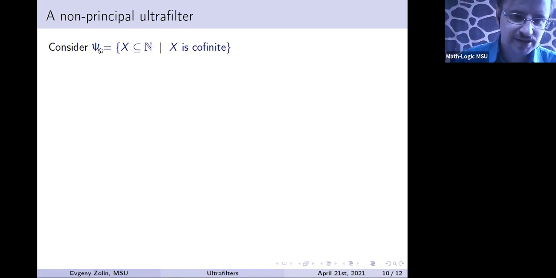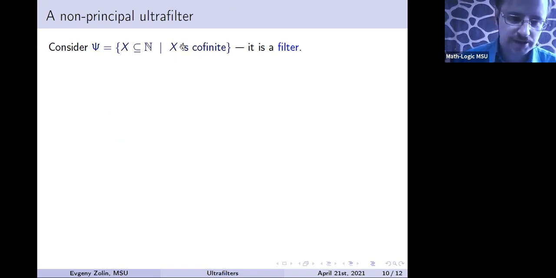So consider all cofinite subsets of natural numbers. Cofinite means that the complement of x, so n minus x, is finite. In the lecture about filters, we said that this is a filter. It doesn't have the empty set because its complement is n. It has the whole set n because its complement is empty, so finite.